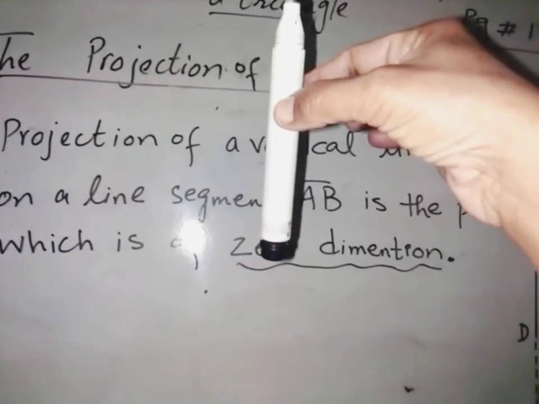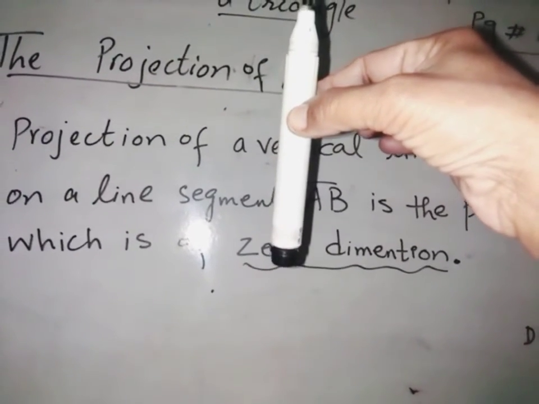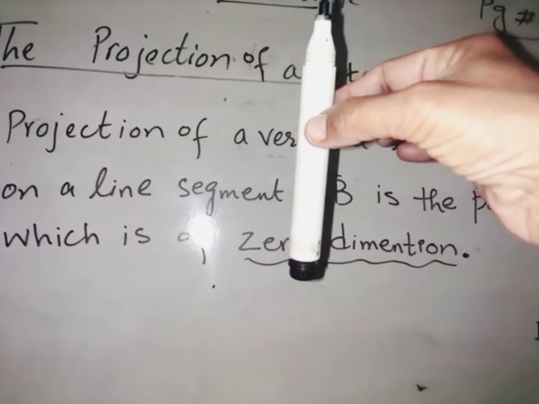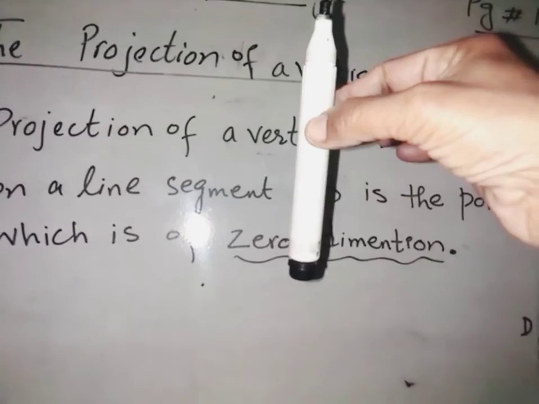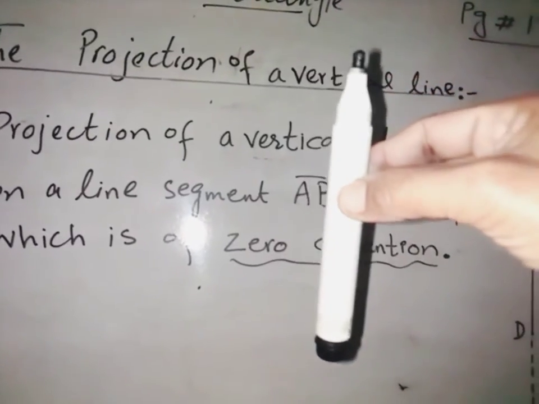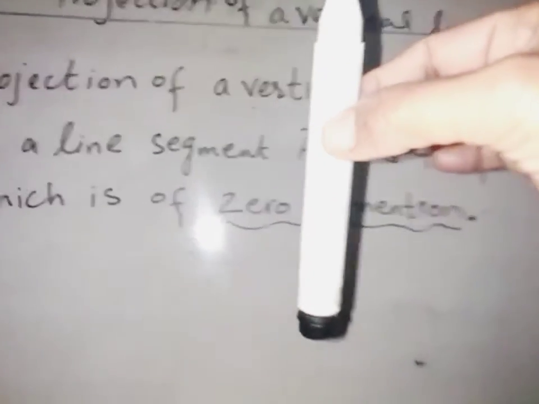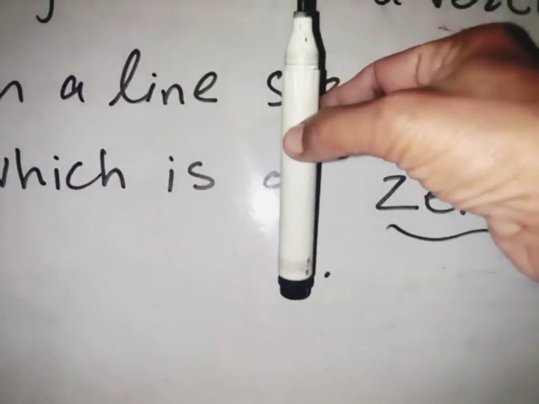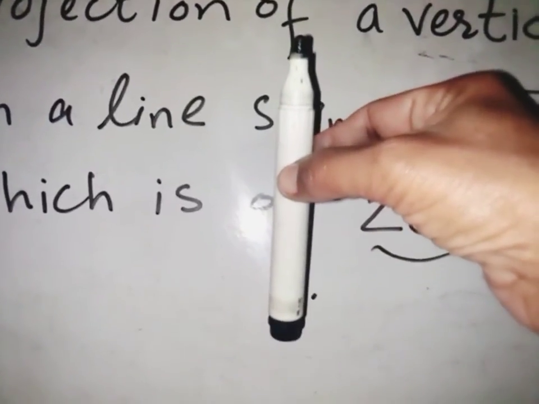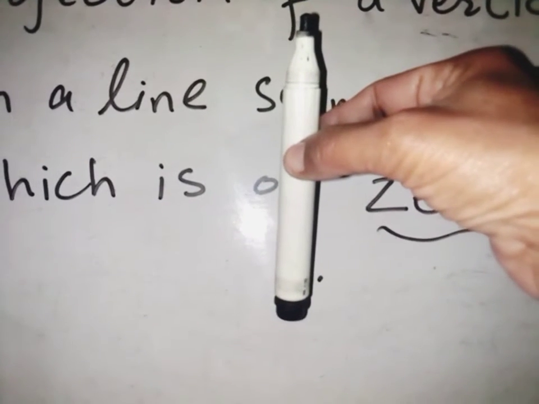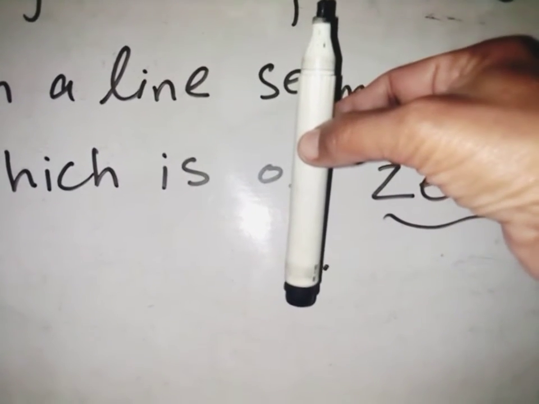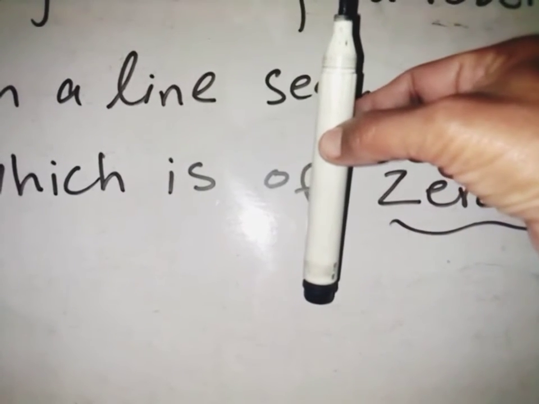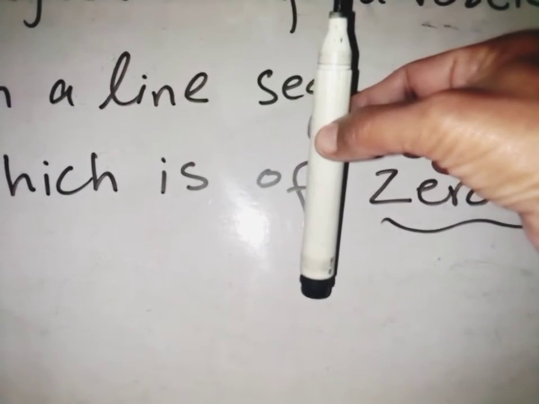It has no shadow on the surface on which it is vertically standing. If the board is the surface and this is a vertical line, it is very clear there is no shadow between this marker and the board surface, so it is known as zero dimension.